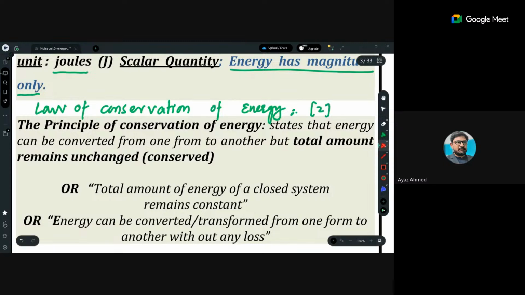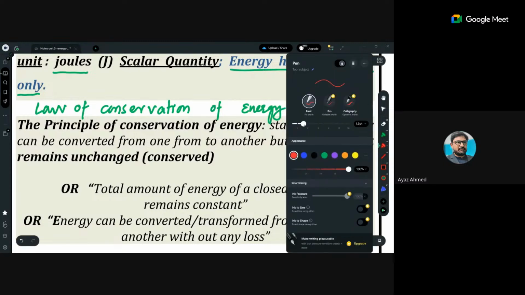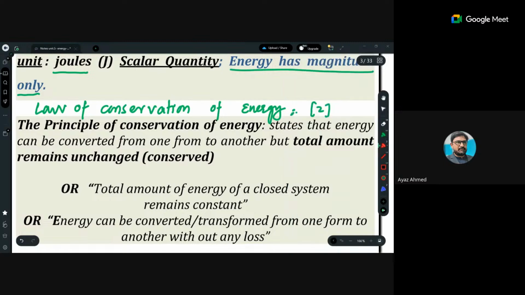And this law has three aspects for definition. First, that energy can be converted from one form to another form, but the total amount of energy remains conserved or unchanged, right? No change in energy takes place.